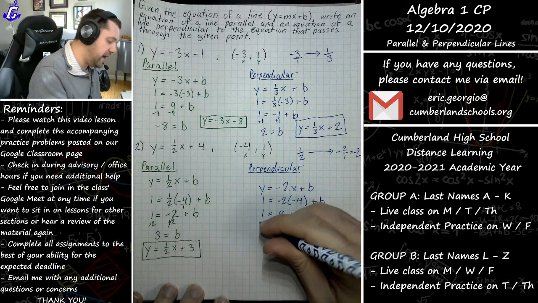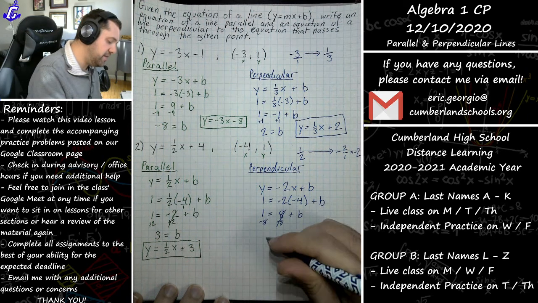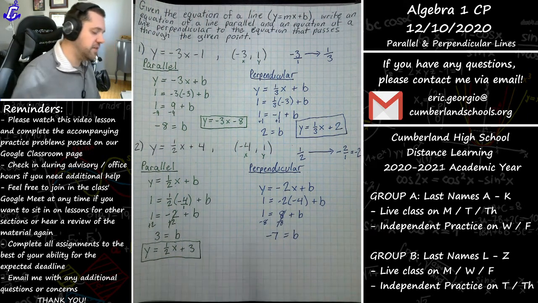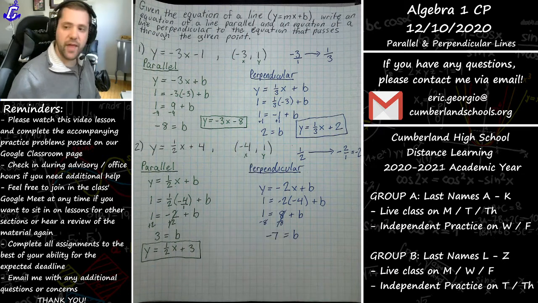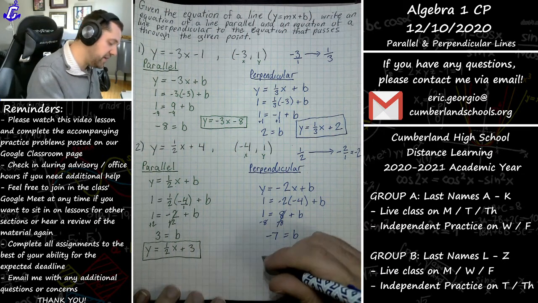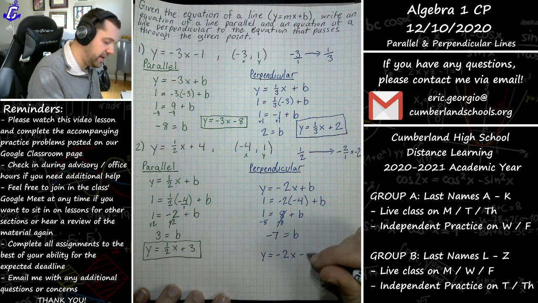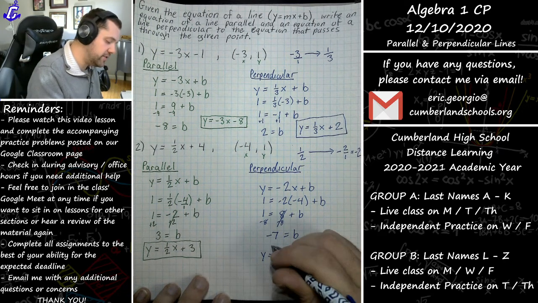Subtract 8 from both sides to get what b is. That gives us -7 is equal to b. So the line that's perpendicular to this and passes through that point would be specifically y equals -2x minus 7, because that's your y-intercept.